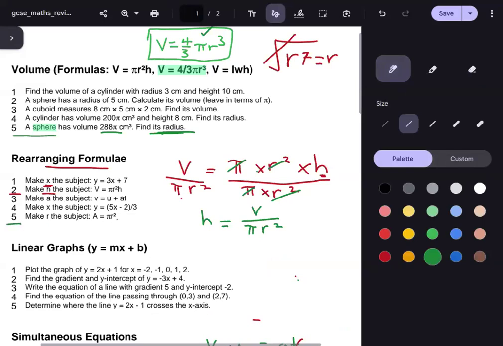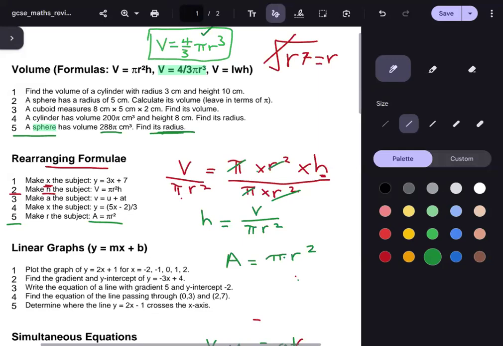Make R the subject of the formula, and we have A is equal to pi times R squared. So where are the numbers? This is formulas. So you just write out the formula and then you figure out what you're doing.